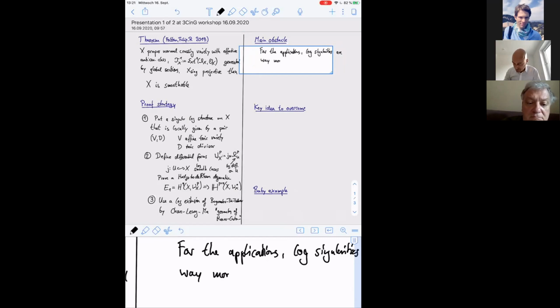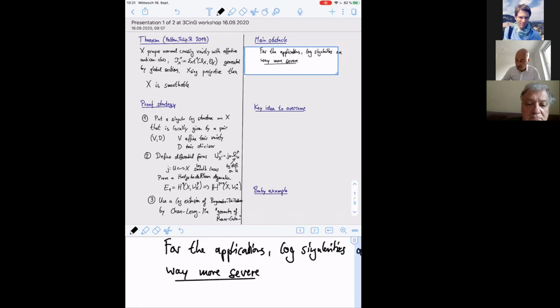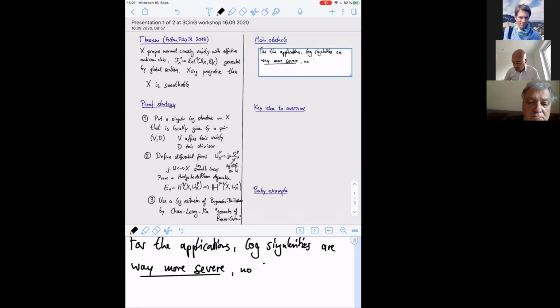So in particular, they no longer permit toric local models. It's even funnier, we don't even know local models. We don't even have them.